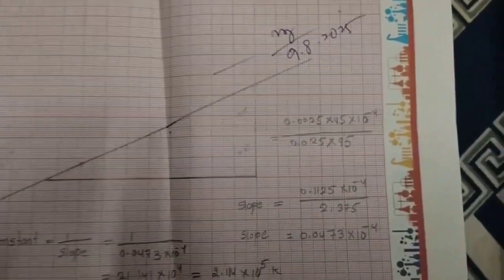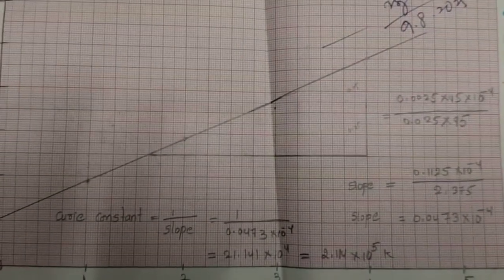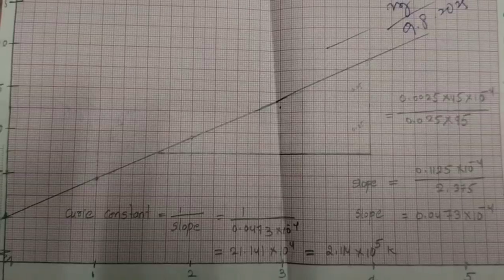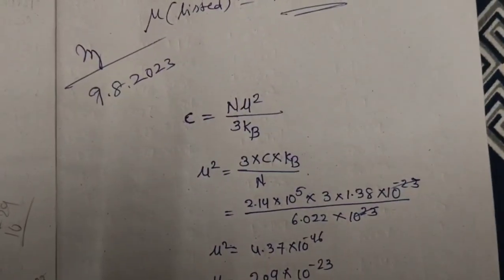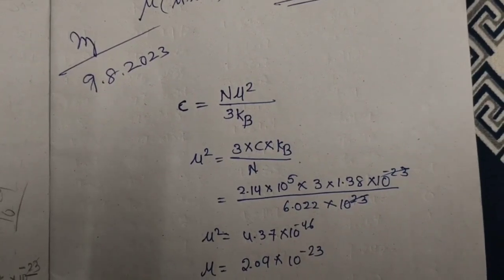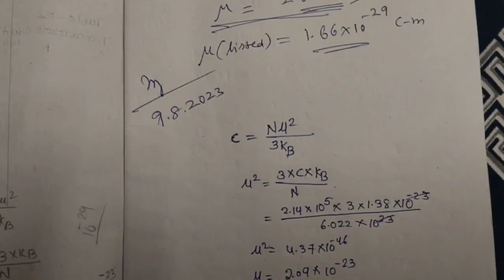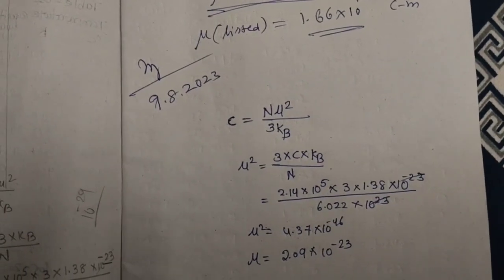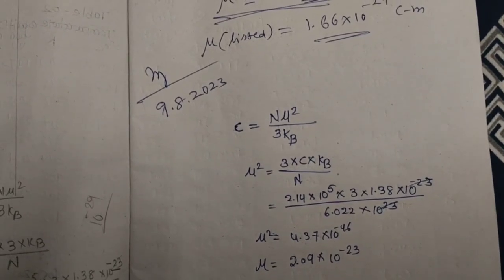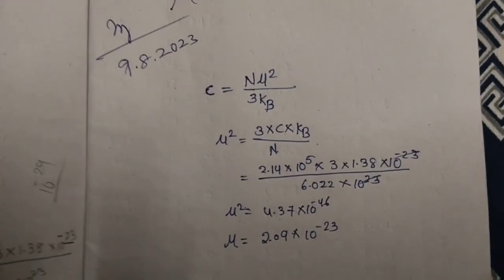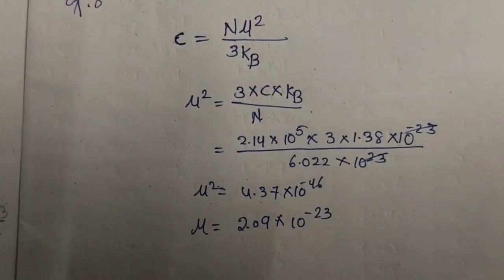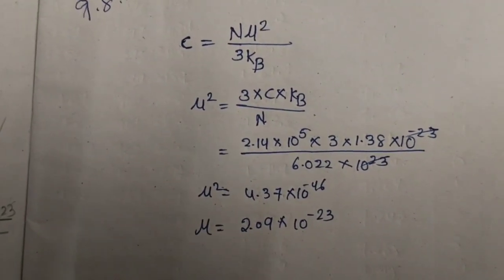The slope we get from this graph will be used as the reciprocal of the Curie constant, and that value will be used in further calculations. By using the Curie constant formula, C is equal to N mu square by 3 kB, we will be calculating the dipole moment, which we got in this experiment as 2.09 into 10 to the power of minus 23.